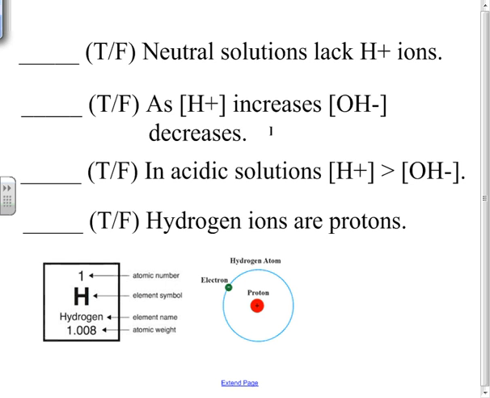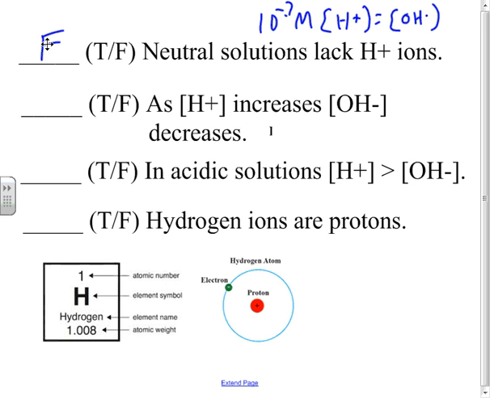Last couple of details. This first question: neutral solutions lack hydrogen ions. That is going to be false. Neutral solutions have 10 to the minus 7th molar concentration of hydrogen ions. That is why the pH is 7. And the reason it's neutral is because the hydroxyl ions also have a concentration of 10 to the minus 7th molar.